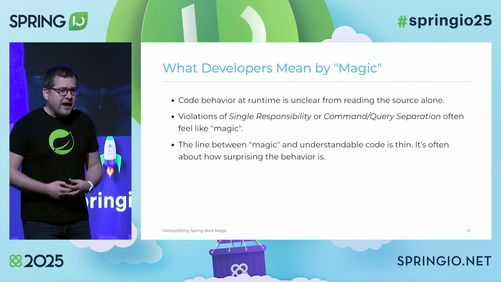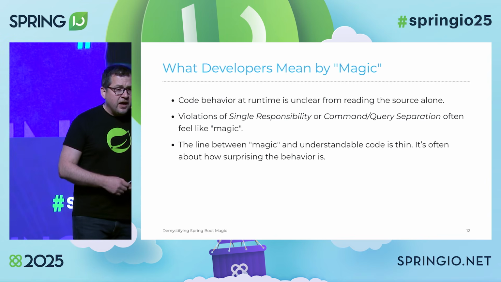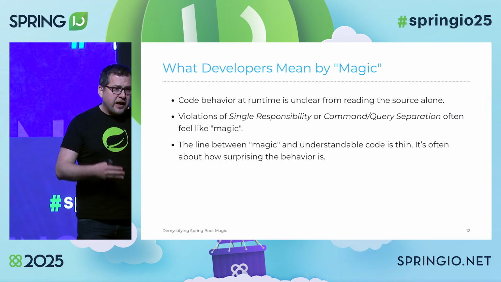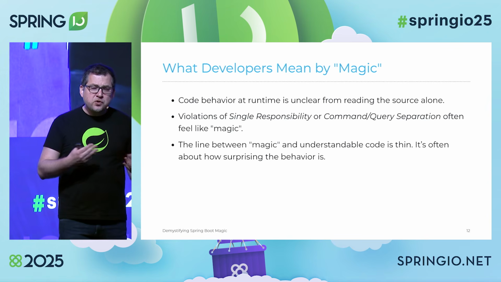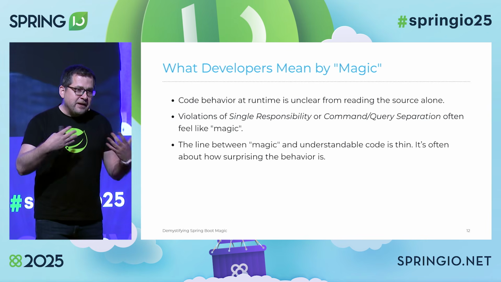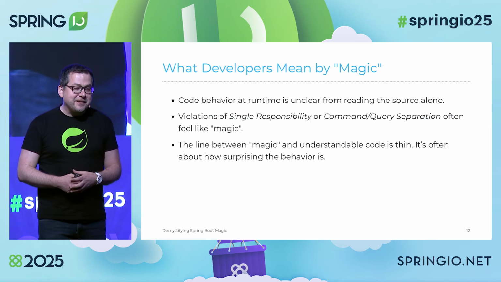So what actually does magic mean for us as developers? Of course, we run an application, and you look at the source code, and from the source code you do not realize what the application does in production. Well, I'm glad we are not Python developers, right? With Java, it's a little bit easier.